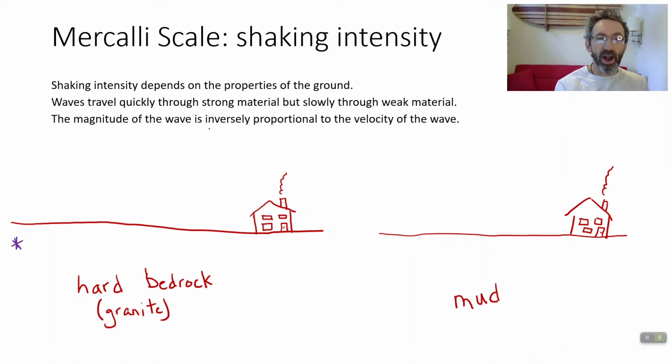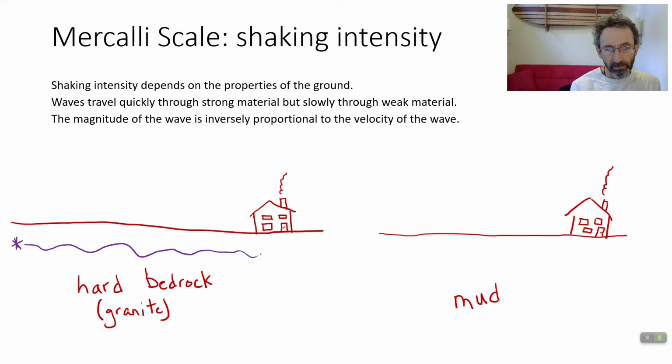And remember, waves travel quickly through strong material, and the magnitude of the wave is inversely proportional to the velocity of the wave. So the seismic wave is going to travel quickly through the bedrock, through the granite, and the magnitude of the wave is going to be relatively low because it's traveling quickly.